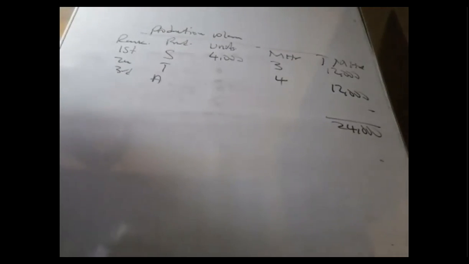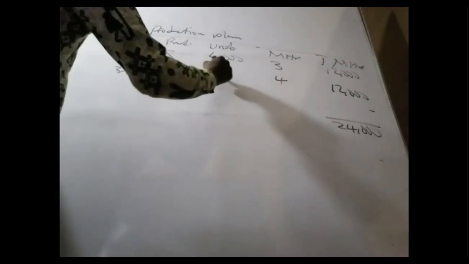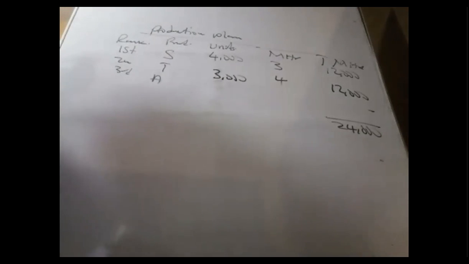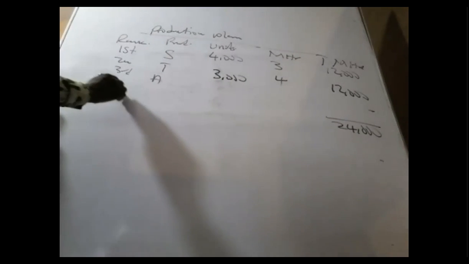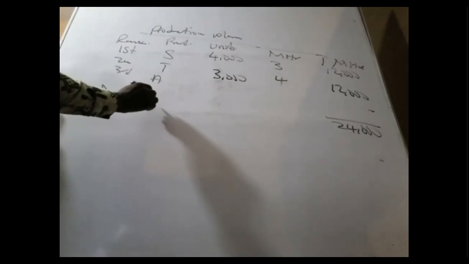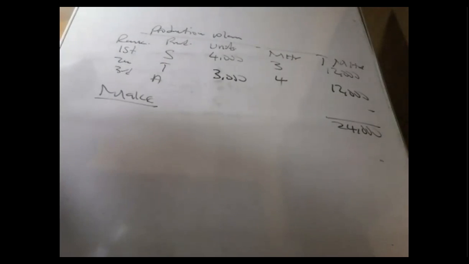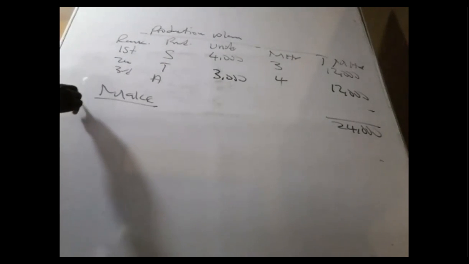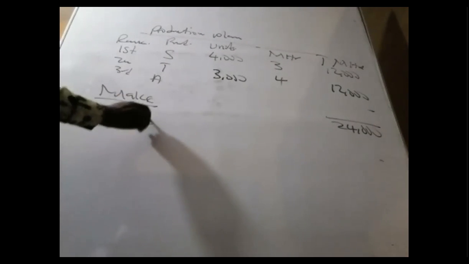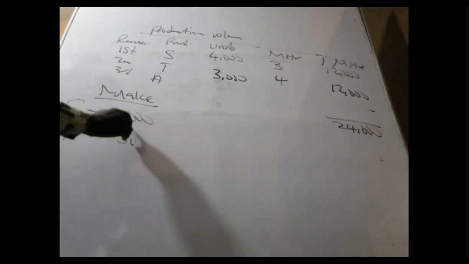If I have 12,000 hours available and each unit consumes 4 hours, how many units can I produce? I can produce 3,000. That is all. So they should make this, and the rest they should go and buy. Make S 4,000, T 3,000.